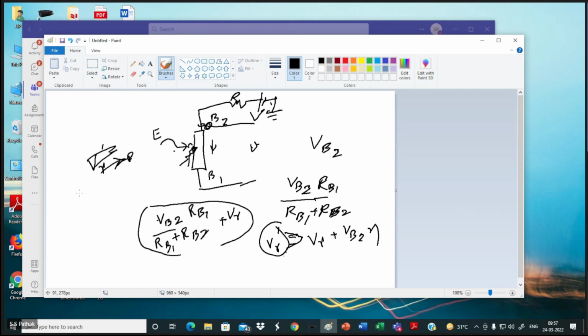This voltage I want to compute. Now it's coming from here. I think I'll do it tomorrow in the class.